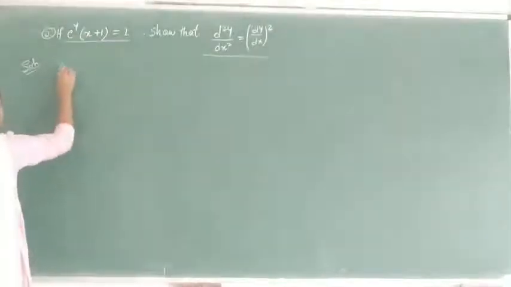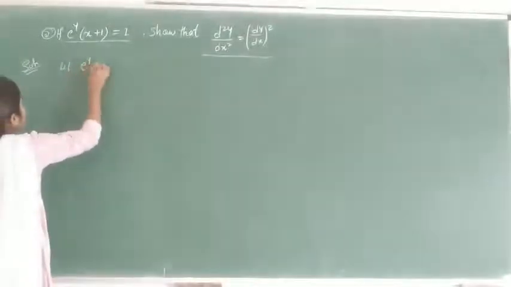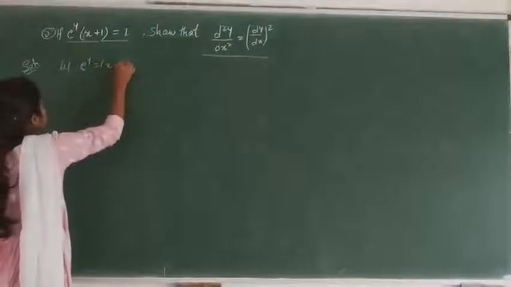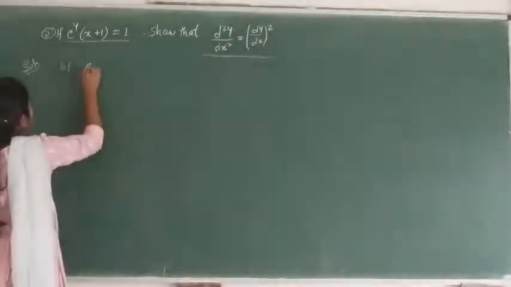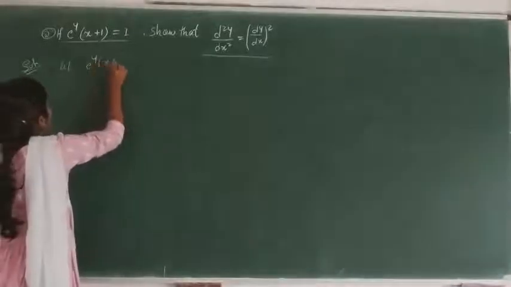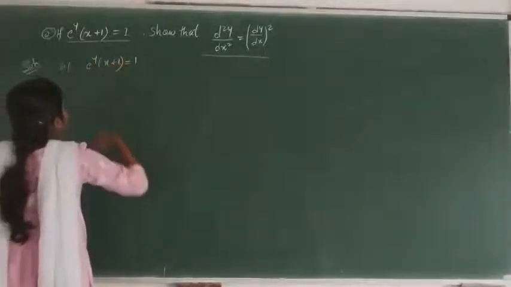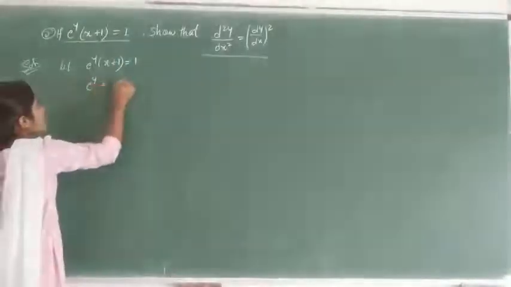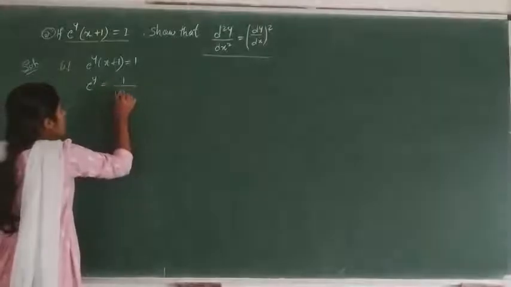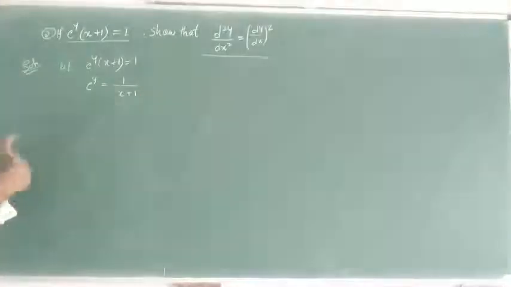So first, what we have: e power y into x plus 1 is equal to 1. Now see, e power y can be written as 1 divided by 1 plus x, or x plus 1 you can write, no problem. 1 plus x is equal to x plus 1.